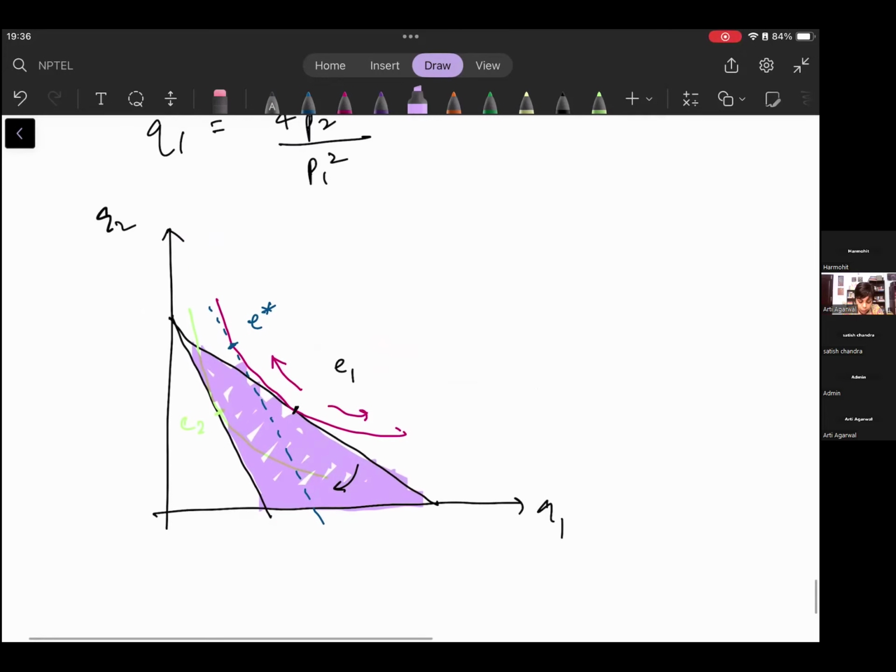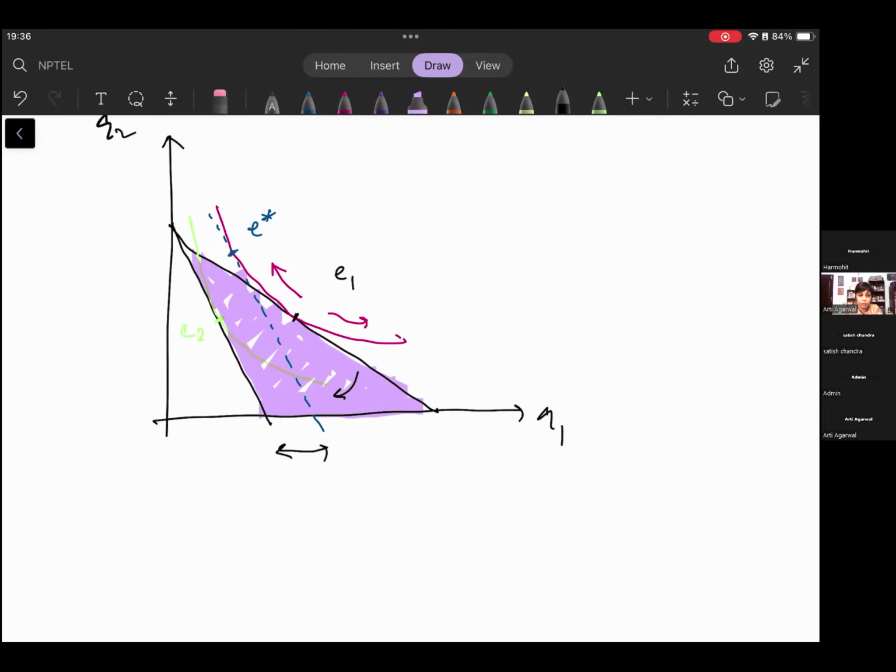So if you want to remain at that same level of utility, which is at E star, that point on the same indifference curve, meaning same level of utility, where the prices are the new prices, you also hold the same level of utility, which is why you compensate. So this is the compensation.